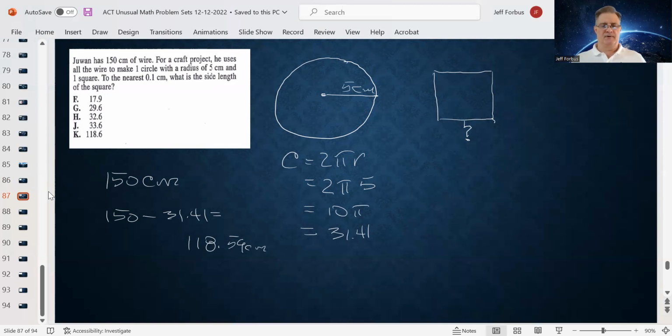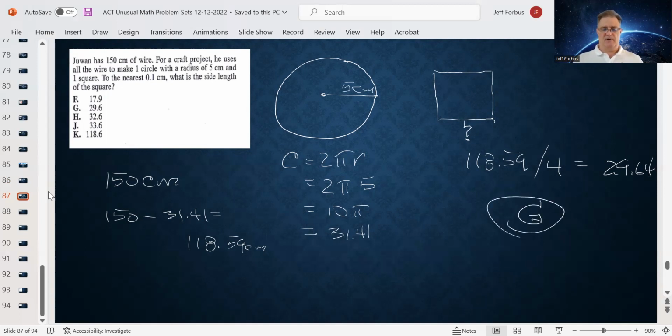You divide this by 4 because there are 4 sides to the square. That'll give us an equal amount all the way around the square, which comes out to like 29.64. So that rounds to 29.6 in our answer choices, and that would be answer choice G. All right.